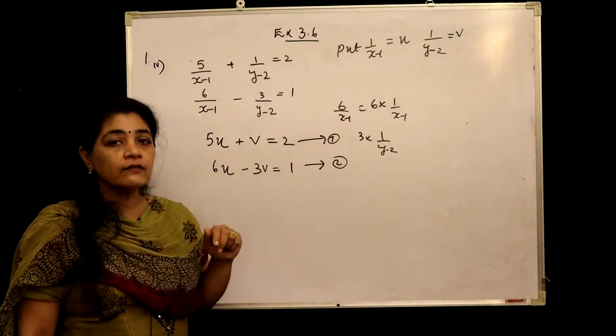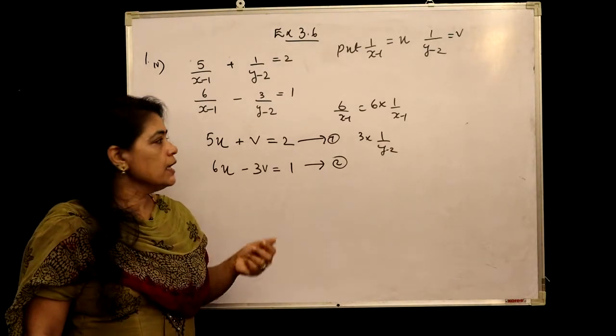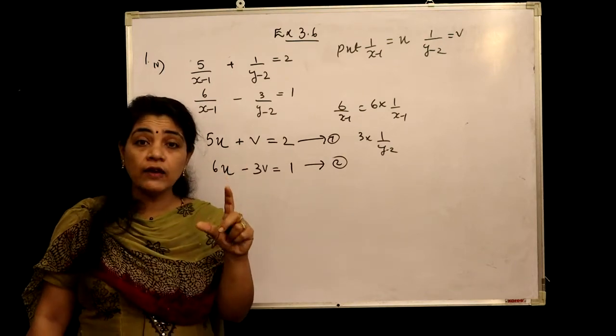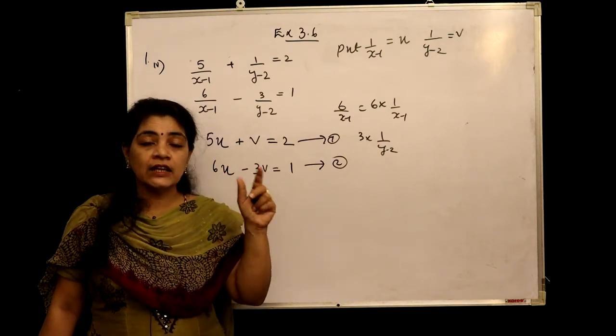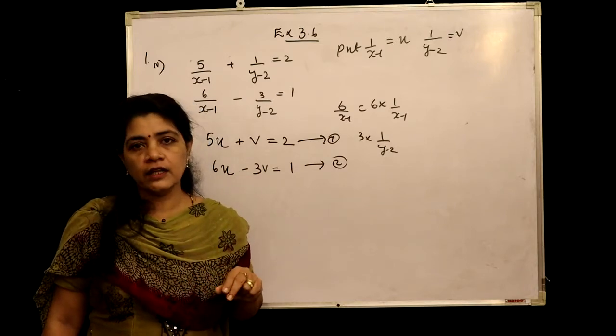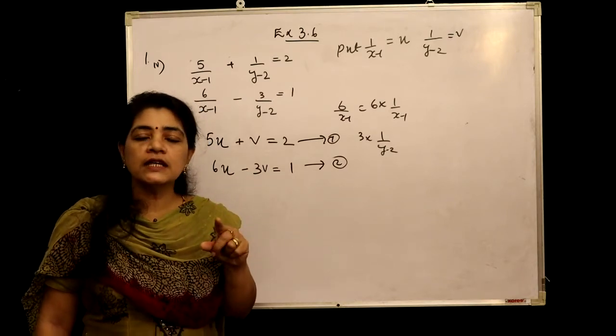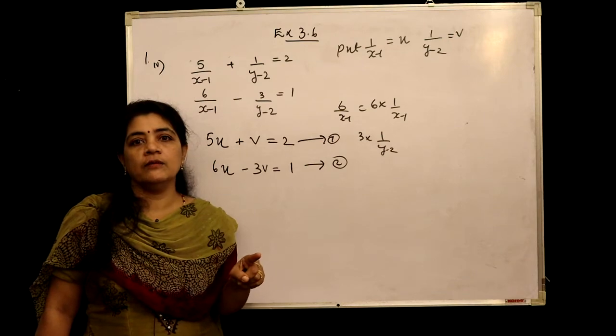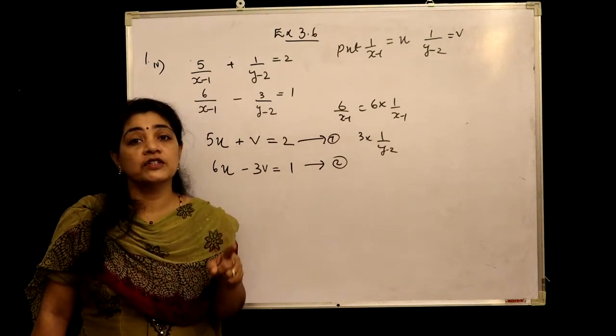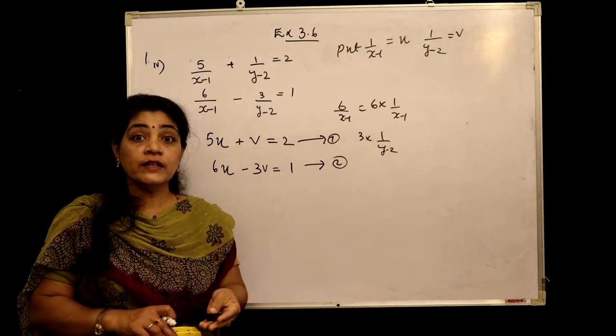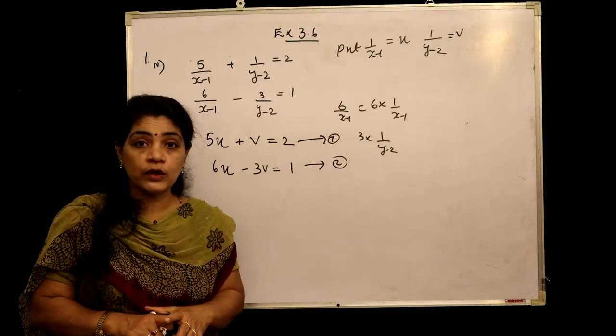Understood? But here, after reducing the given equations into a pair of linear equations in two variables, you see that one of the variables has coefficient 1. If it is 1, you can easily solve for u and v.